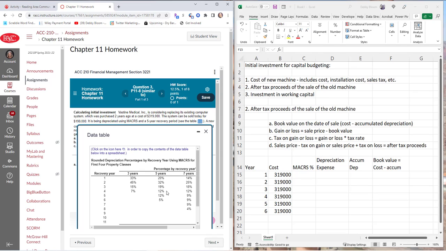If we add 4 full years plus 2 half years, that becomes 5 full years. So for the MACRS percentages, I'm going to put in my 20%, 32%. They've actually rounded. It's actually 19.2%.